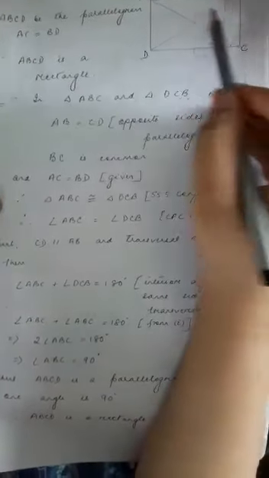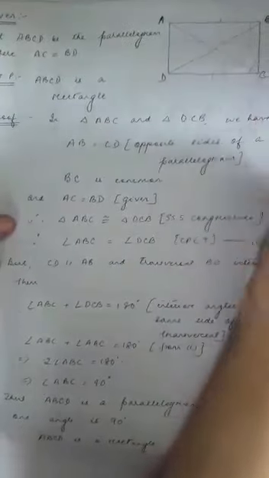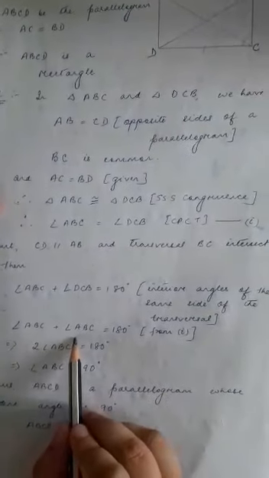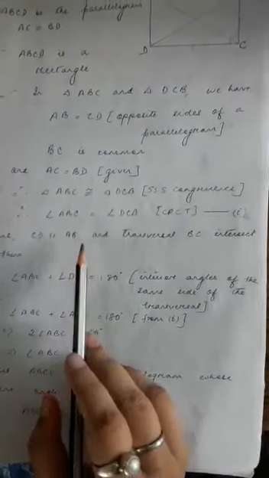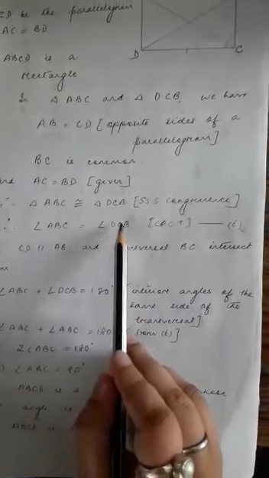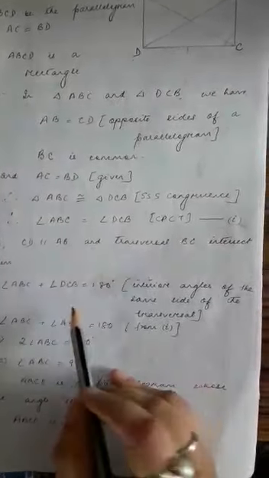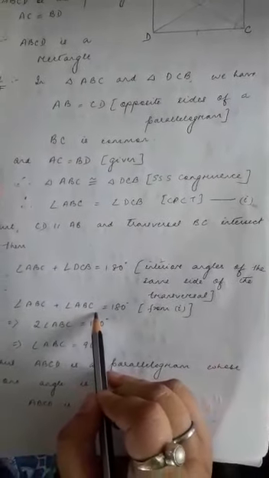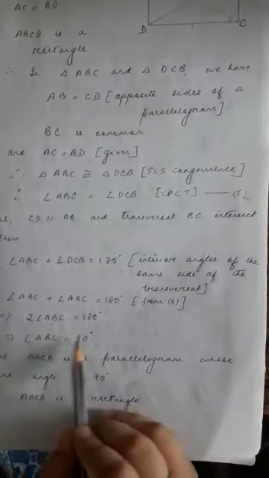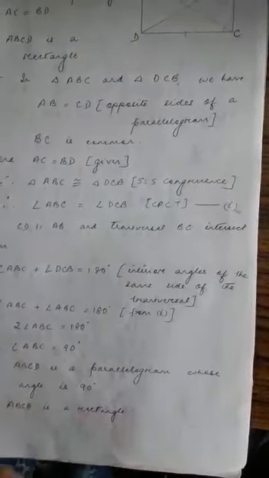So the interior angles, that is ABC and DCB, if we add them, we get 180 degrees. Now, in place of DCB, I can write angle ABC from equation 1. In equation 1, we saw that angle ABC is equal to angle DCB. So angle ABC plus angle ABC is equal to 180 degrees. Now, after calculating, we get angle ABC as 90 degrees.